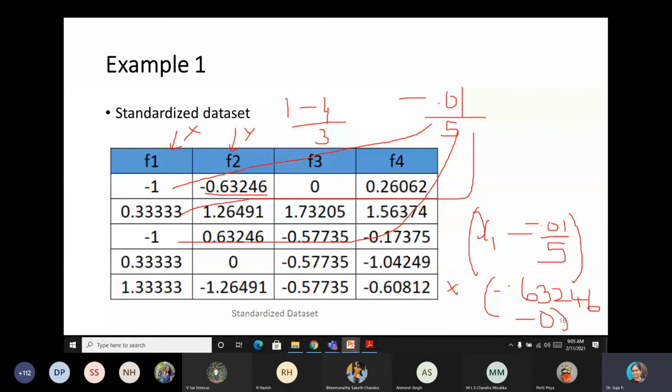So x1 minus this into y1 is this value minus 0 I am doing. Likewise, I will do for all the corresponding values, 0.333 minus this into 1.26 minus 0. Likewise, I do for all the 5 and then I get 5 values.